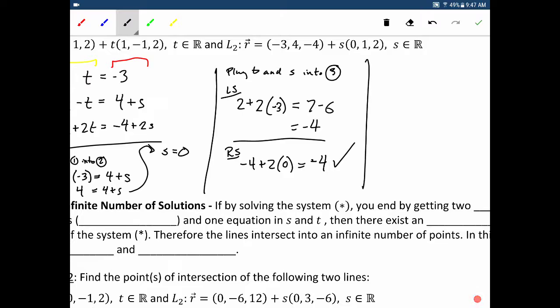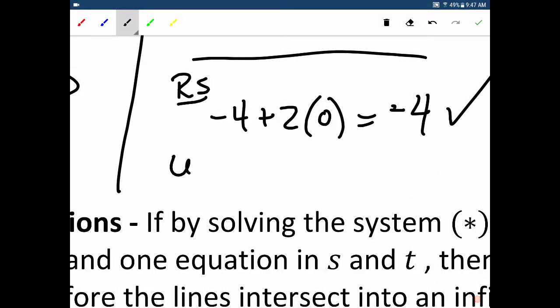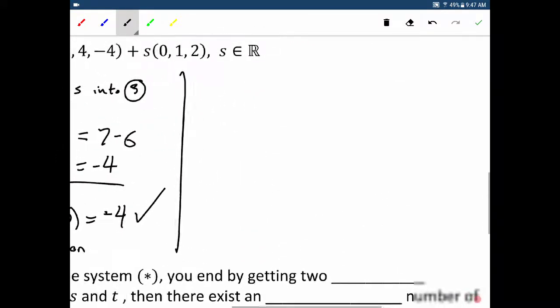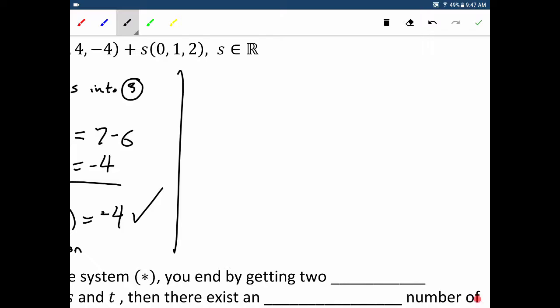So it is a unique solution. Okay? So this gives us a unique solution. All right, so now we have to figure out what that unique solution is. And again, you can use either of the equations. It doesn't make a difference.